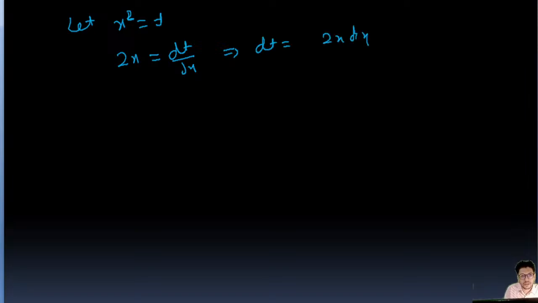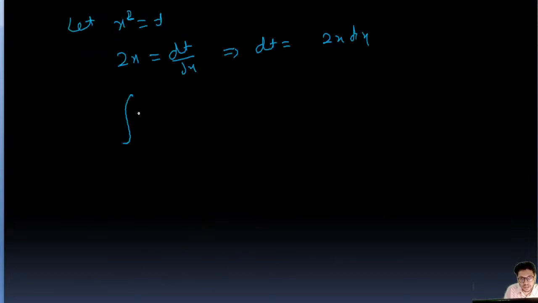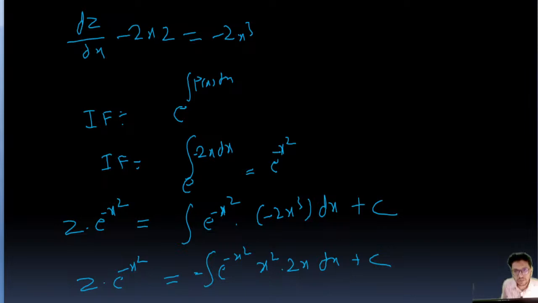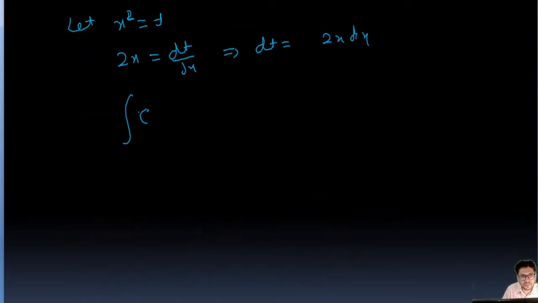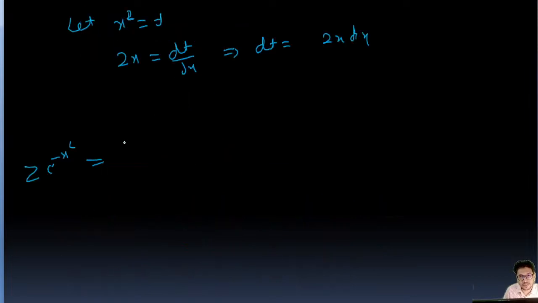Okay, we are solving this integration first. So this is z e to the power minus x square. For solving, we have put x square equal to t, right? So here we'll put the value.